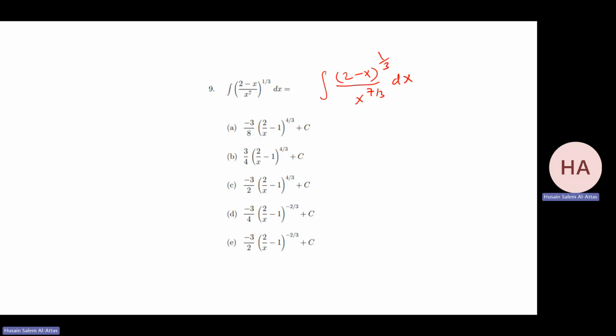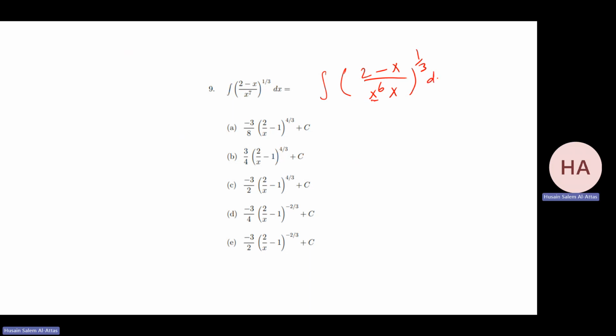Another way to deal with it, I can write it as 2 minus x over x to the power 6, x to the power 1 over 3.